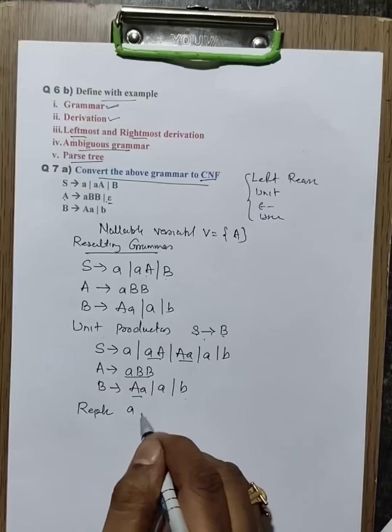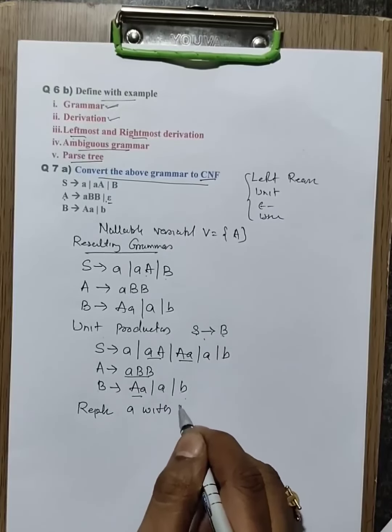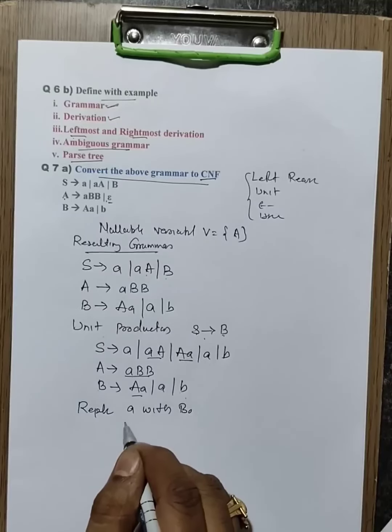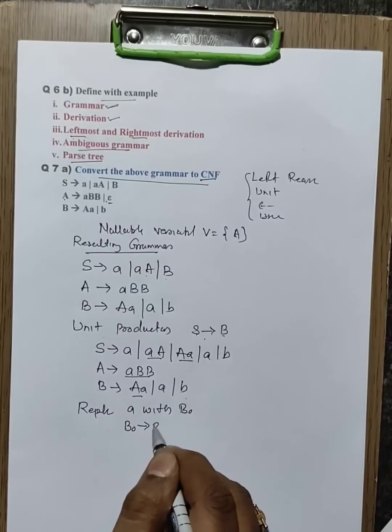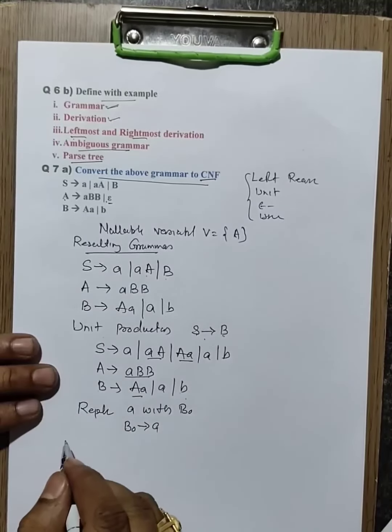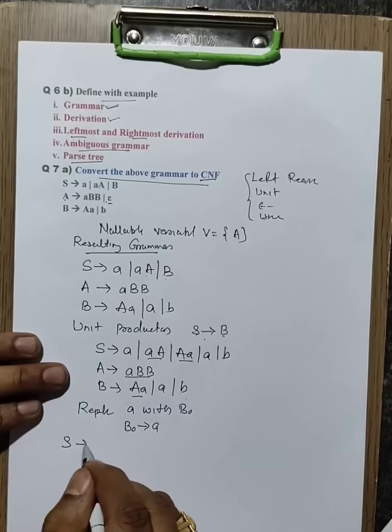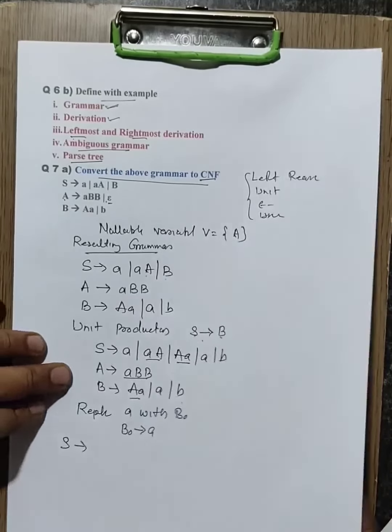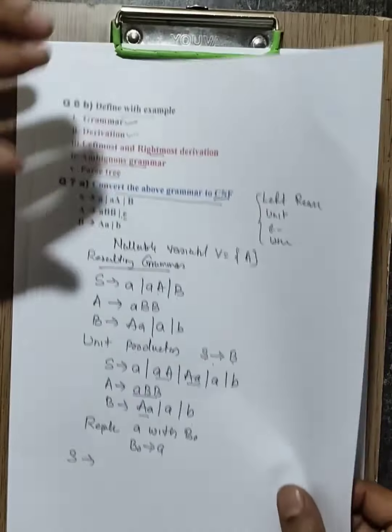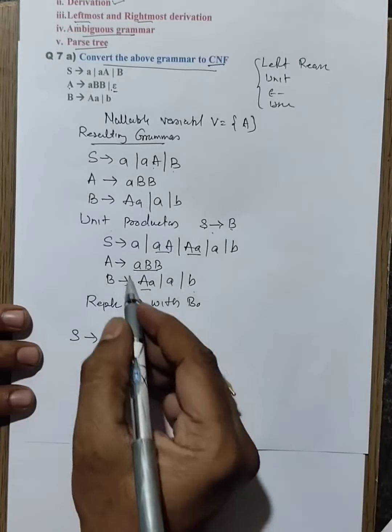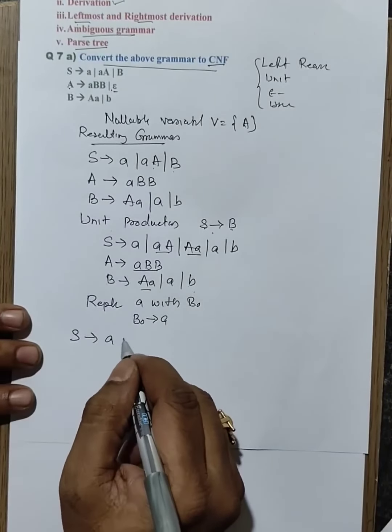Replace A with B0. Means B0 produces A. So here, after substitution, we will get S produces A as it is.